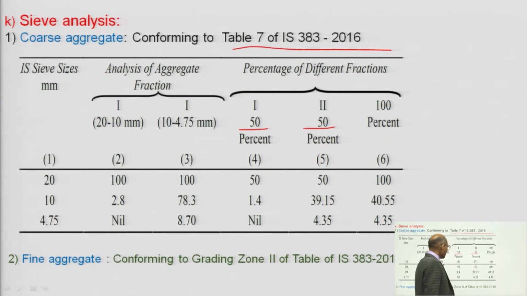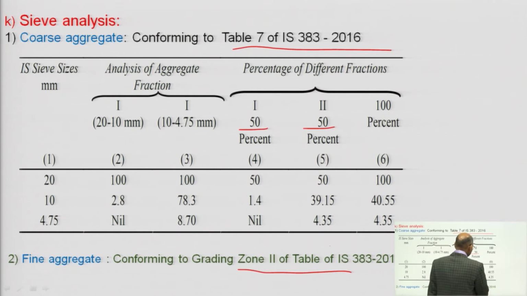We have to consider this one, and this is for type 1. Type 1 is 20 mm downside and type 2 is 10 mm downside. The fine aggregate is conforming to the grading zone of Table 9 of IS 383, which we have to check. Okay.